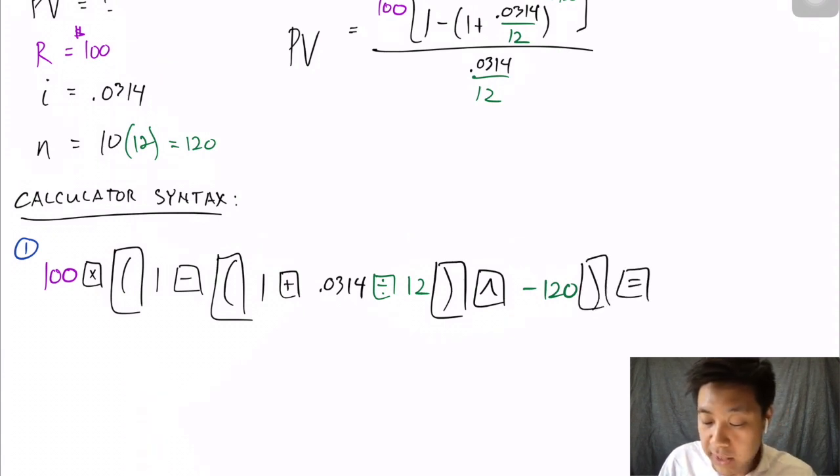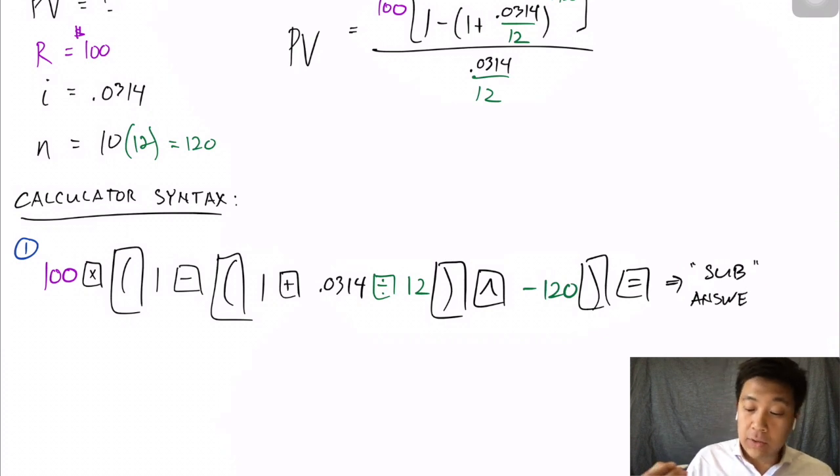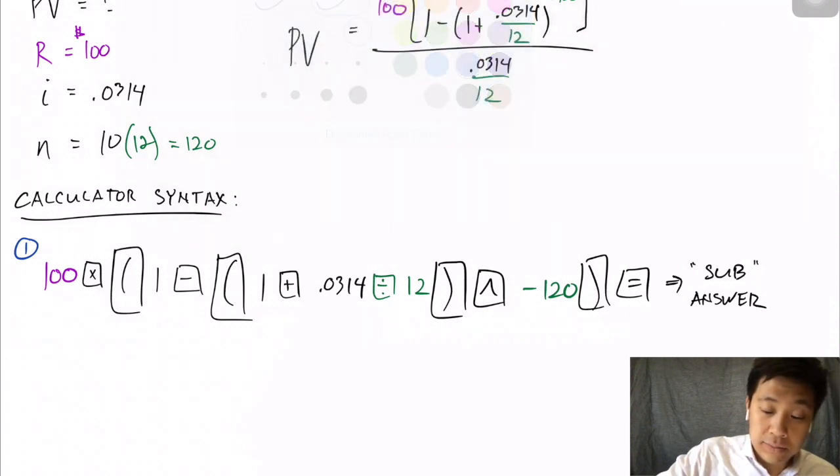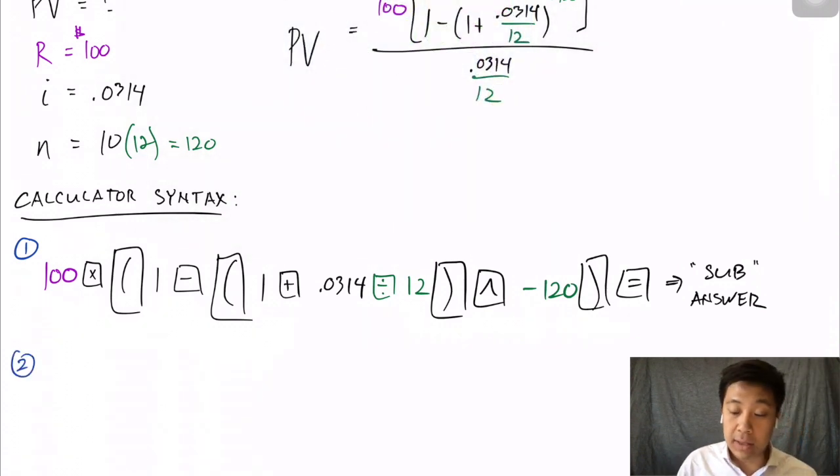And again, this provides a sub answer. I'm using that very informally, but sub answer. So it's the answer on the way to find out our final answer. So again, you would hit equal sign, and then you would not clear your calculator because you're going to use it now to calculate the denominator.